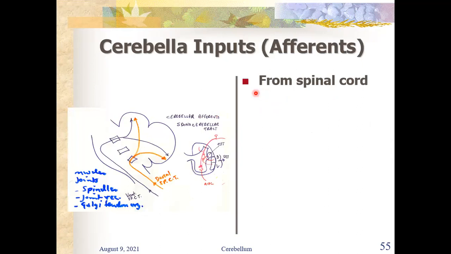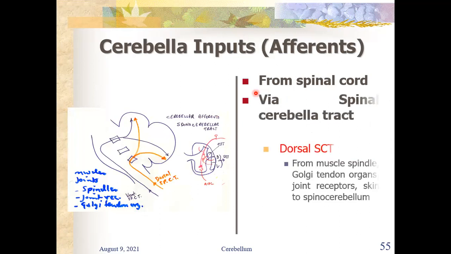So a brief explanation about the cerebellar inputs. We have inputs coming in from the spinocerebellar tract, from the proprioceptors via the inferior cerebellar peduncle to the cerebellar cortex.